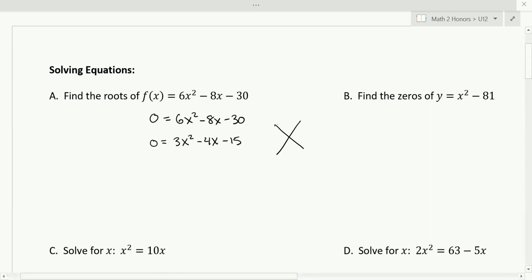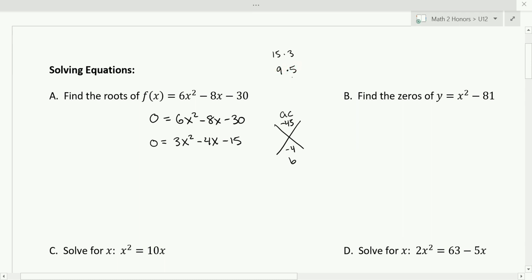A times C is going to be negative 45. B is going to be negative 4. If we look at what multiplies to 45, you got 15 times 3. Can't make a 4 out of that. You have 9 times 5. I can make a 4 out of that, though, if I subtract them.